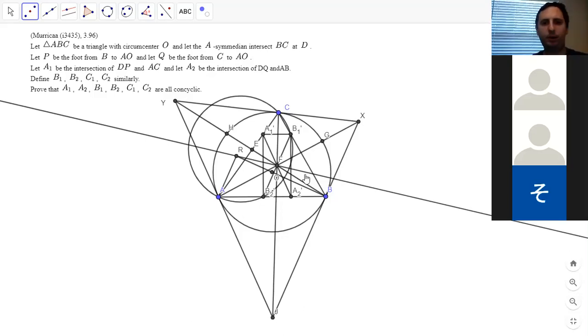So you have the perpendicular from A to BO, and then we have the foot of the symmedian, and then we have the anti-parallel through the symmedian point. And we want to show that those are collinear. I don't know if there's a way to redefine things.